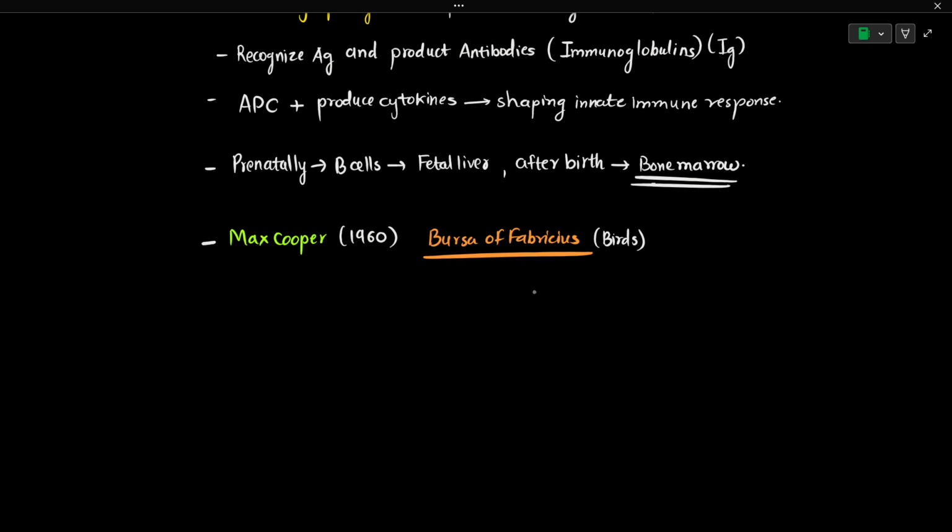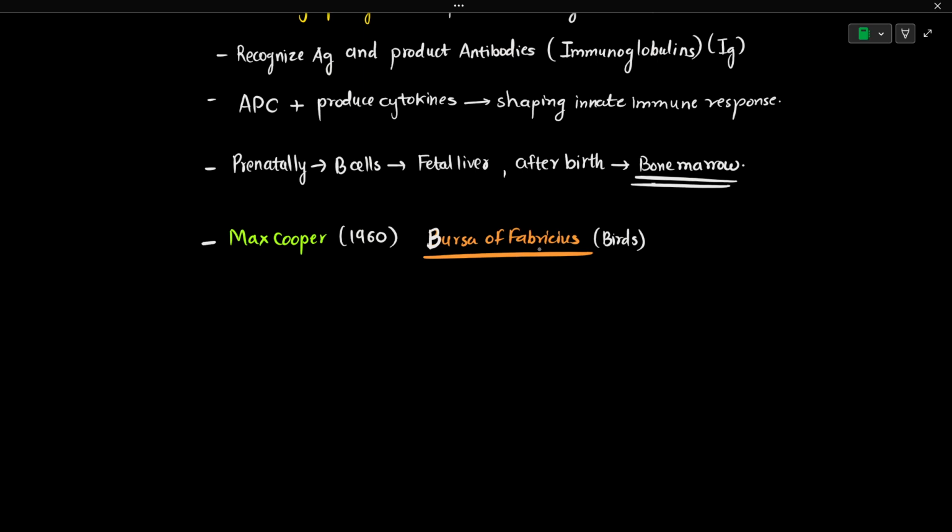So in the chicken, this bursa of Fabricius was removed, and then those chickens were irradiated. At that point of time, Max Cooper found that after the surgical removal of this organ and the irradiation of the chickens, there was complete abrogation of the formation of the B cells. This means that this particular organ plays an important role in B cell development in the birds, and that is why those particular cells were named B cells, due to the organ of origin.